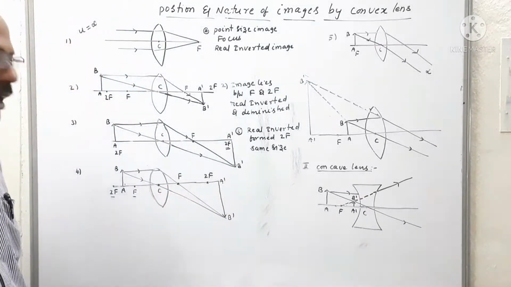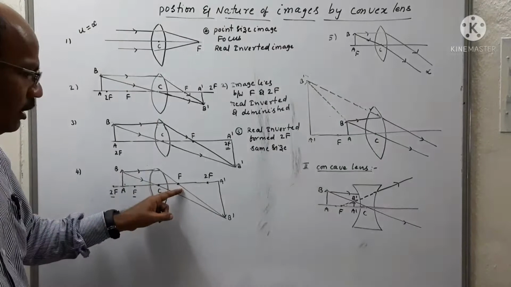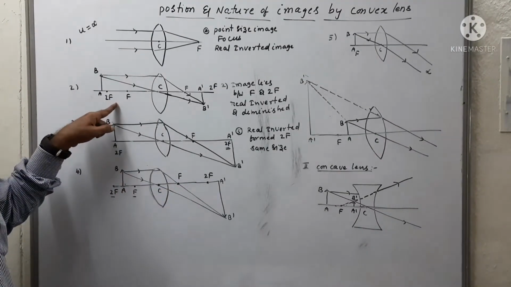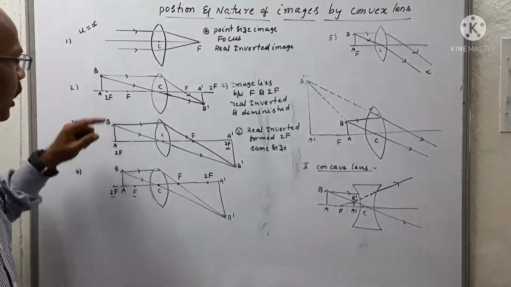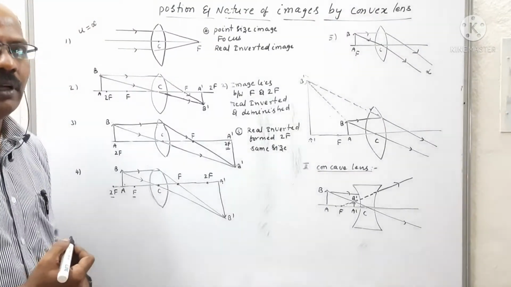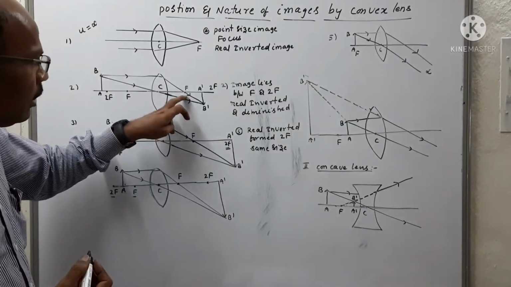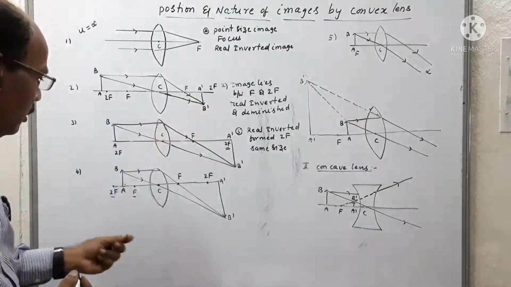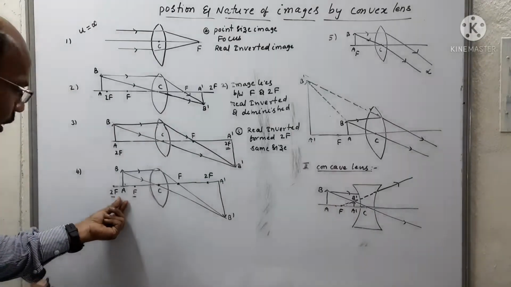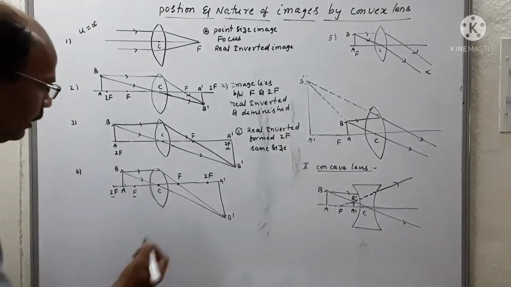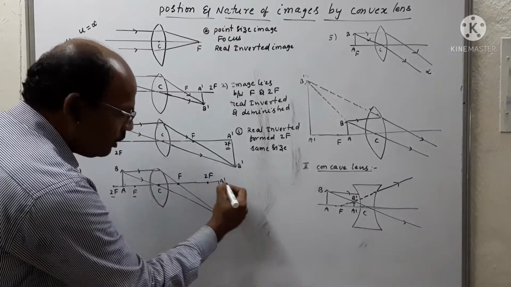Because the parallel ray is always passing through the focus. So this is the converse of the third one. Here we are observing that if the object lies beyond 2f, its image always lies between f and 2f. If the object lies between 2f and f, its image always lies beyond 2f.